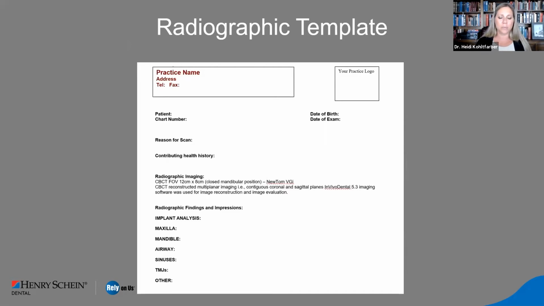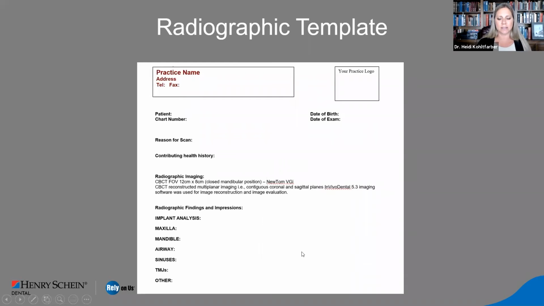One of the things we want to put together as we're going through and evaluating this case for implant treatment planning is documentation. If you don't document it, then it never happened, right? So we talked about reviewing the entire CBCT. We want to document that we reviewed the entire CBCT. You can talk about your implant analysis, and you might want to break things down: maxilla, mandible, airways, sinuses, TMJ.